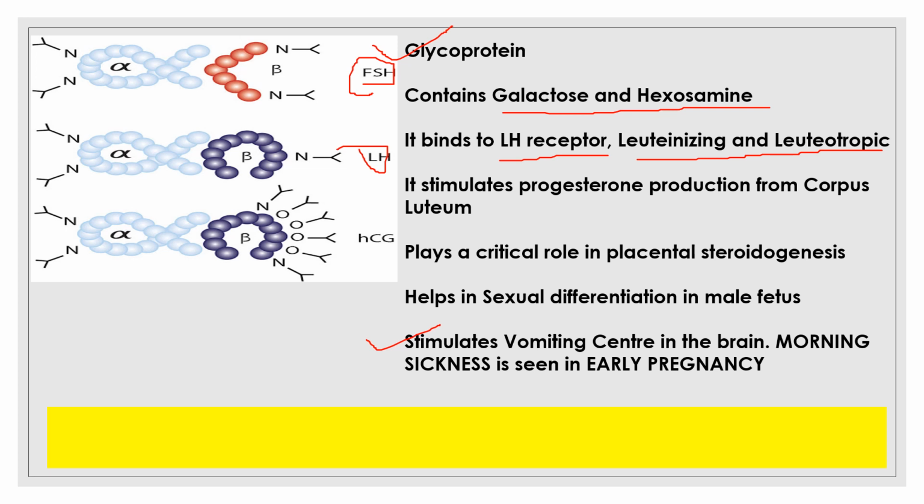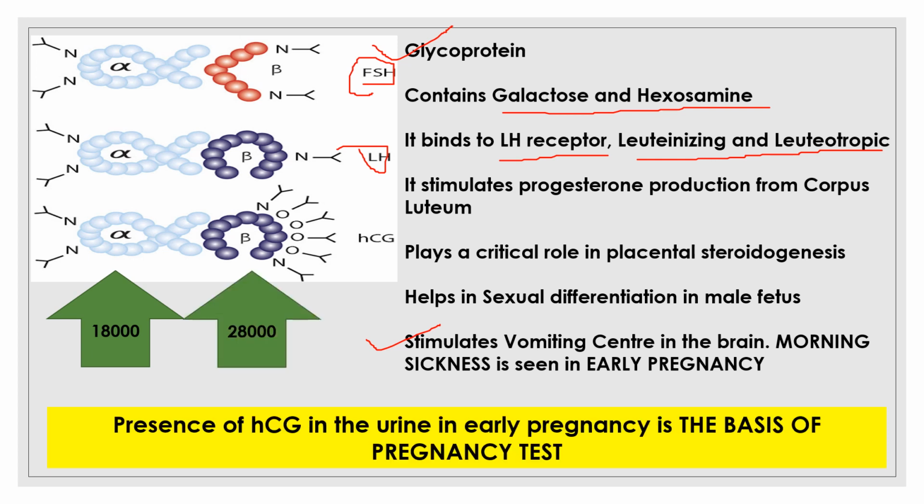So in early pregnancy, this morning sickness is contributed to by the presence of HCG. The alpha subunit of this glycoprotein is 18,000 and the beta subunit is 28,000.